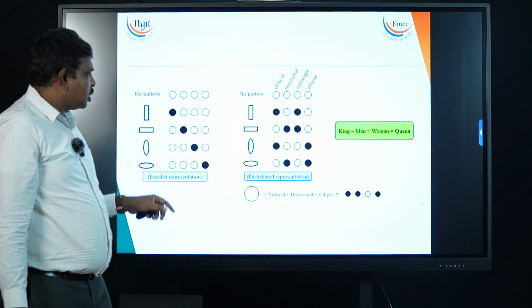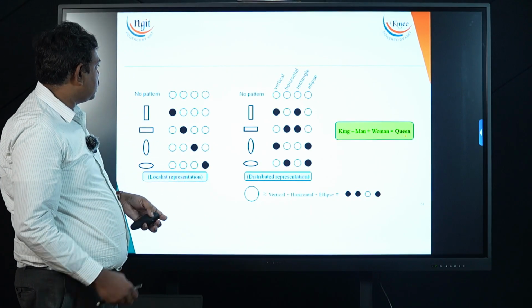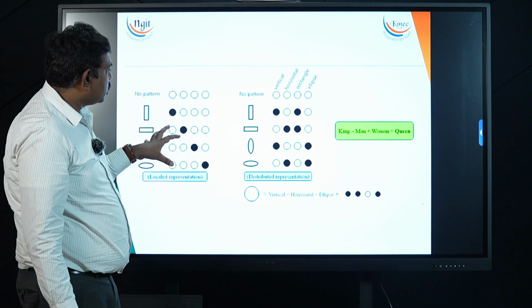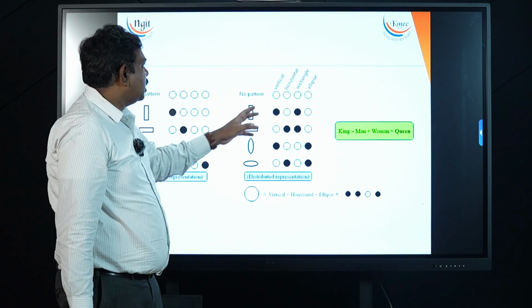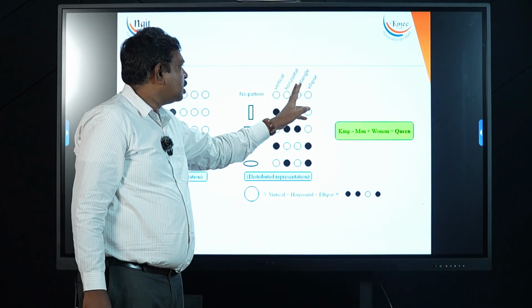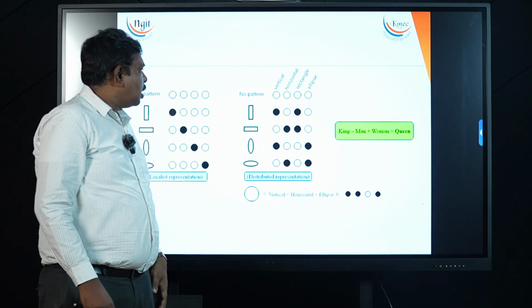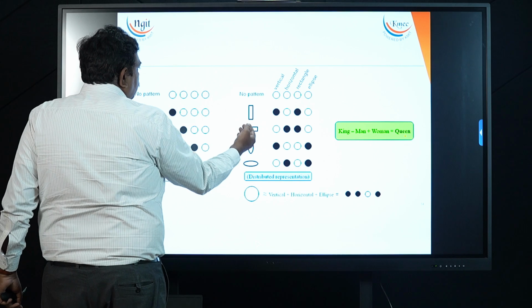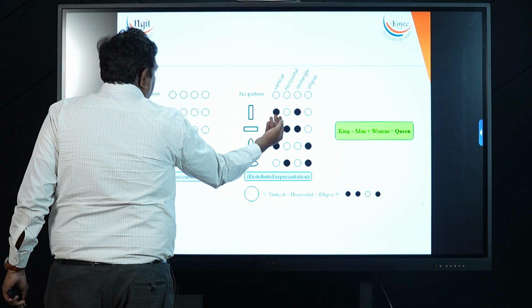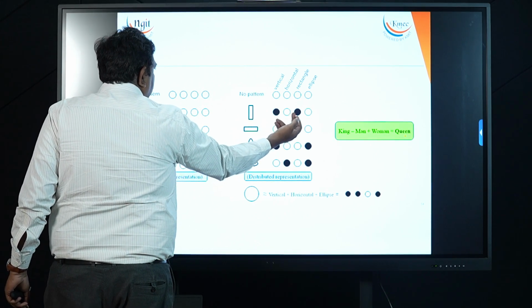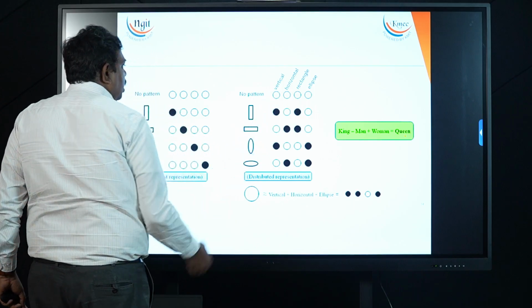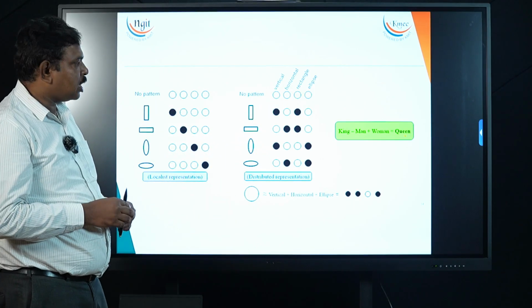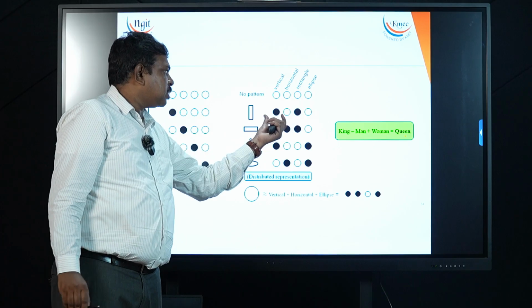In distributed representation, along with these features, I also store the concept about the shape. Here there are four things: vertical, horizontal, rectangle and ellipse. Now these neurons not only store it as vertical information, but also as a rectangle. So two concepts can be stored in this kind of representation.